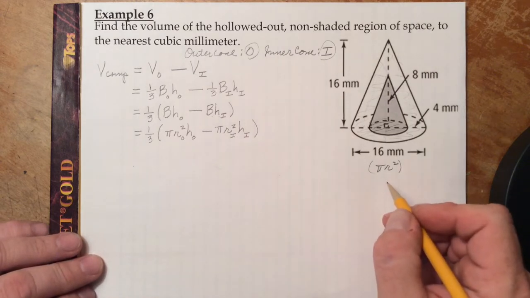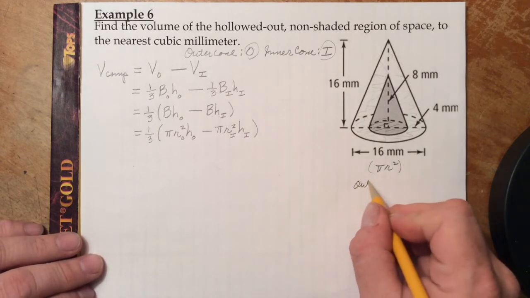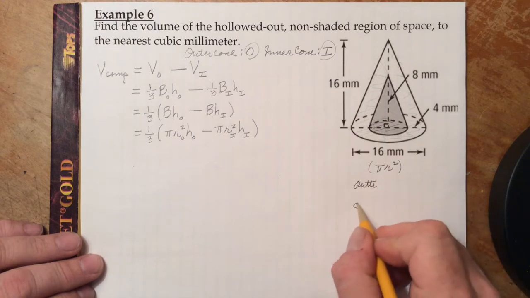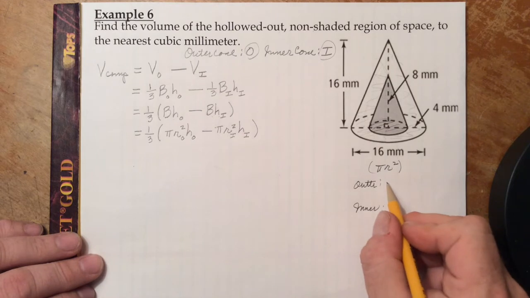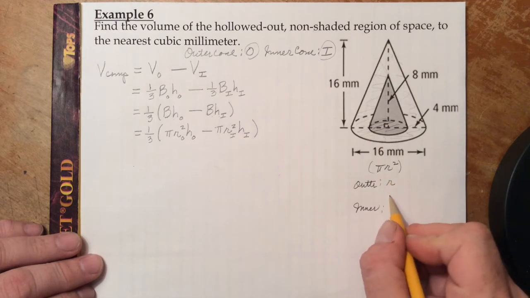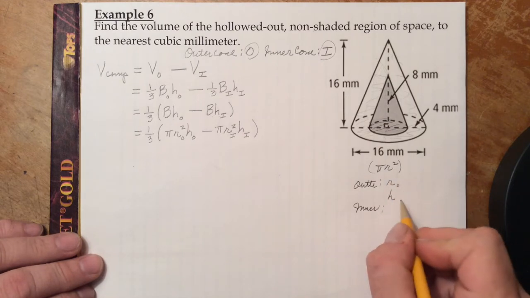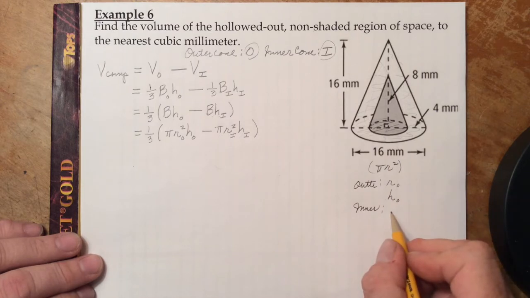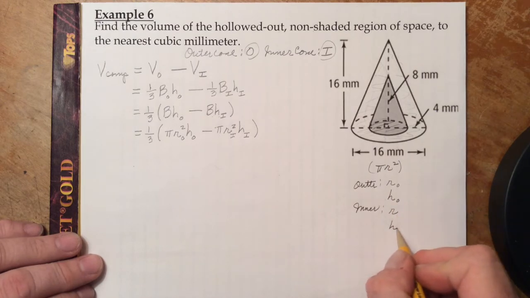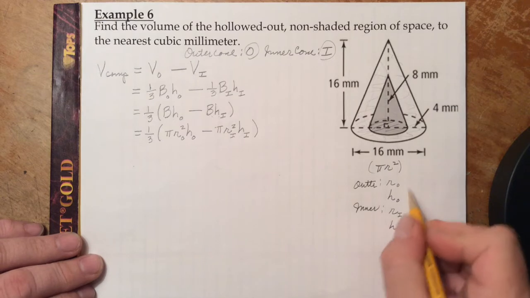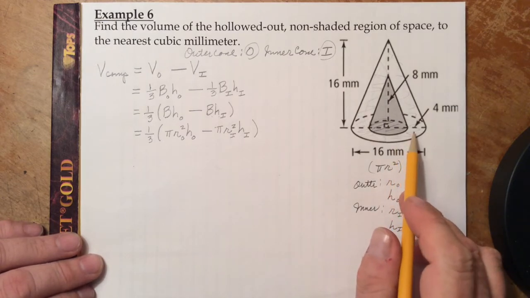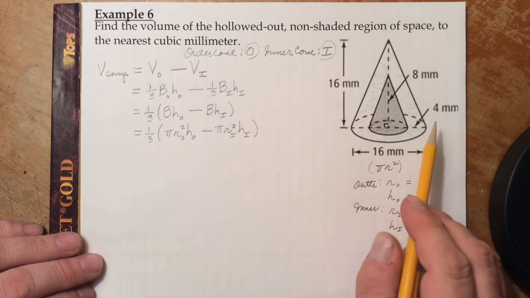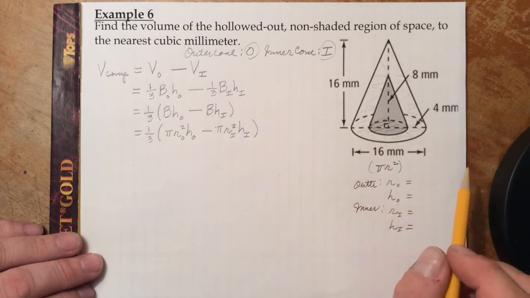Now let's define our variables. We have our outer and our inner cone. In our outer cone, we need the radius and the height, and these are sub O's. And in our inner cone, we also need our radius and our height, and these are sub I's. The only one you have to be careful of if you're not paying attention is the radius of the outer cone.